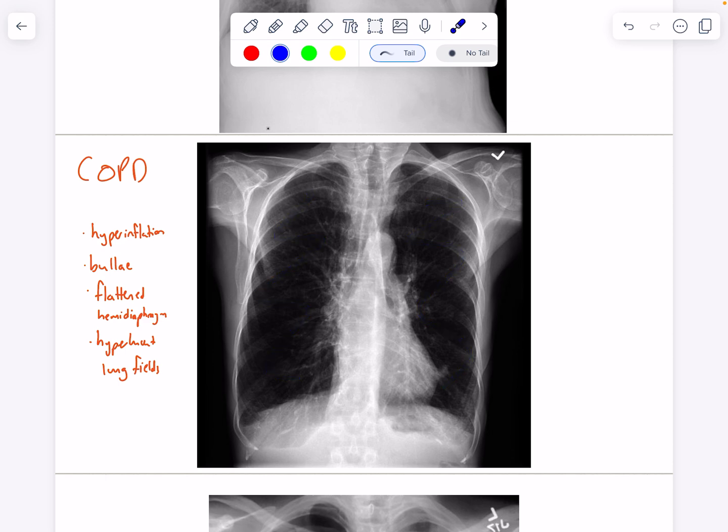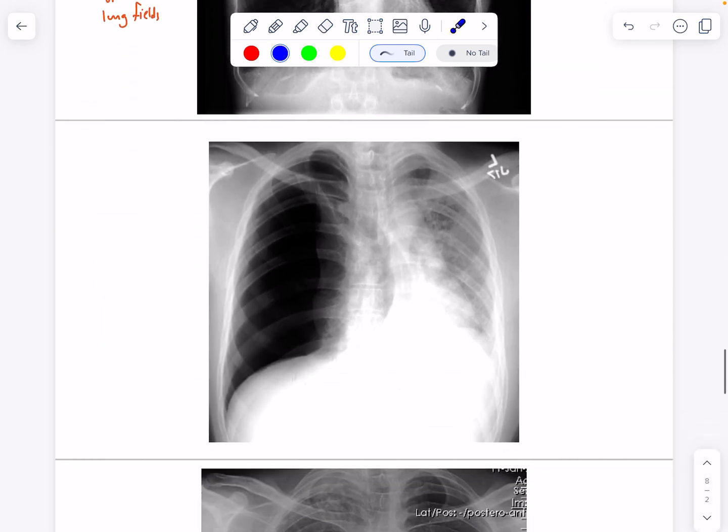If you just think about the way a person who has COPD is really struggling to breathe. When you get onto respiratory rotation, you'll see a lot of COPD patients, and you should have a look at the chest x-rays and try interpreting them as well. Okay, let's go on to the next one.